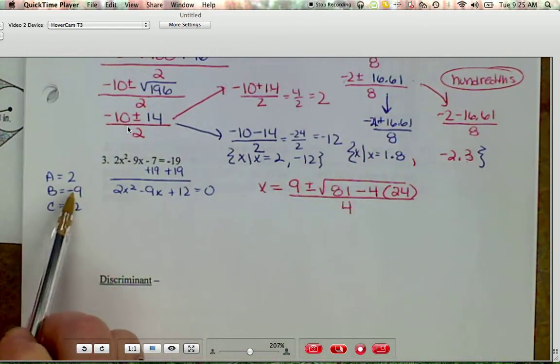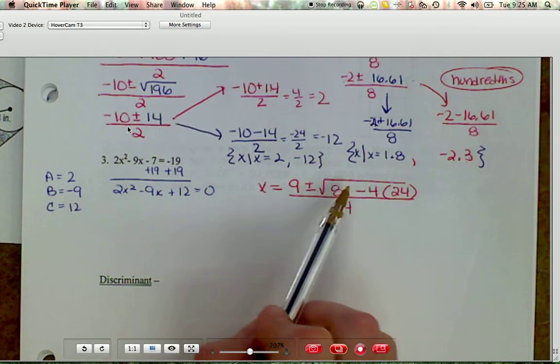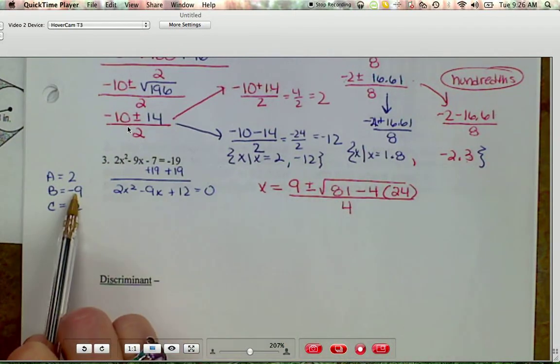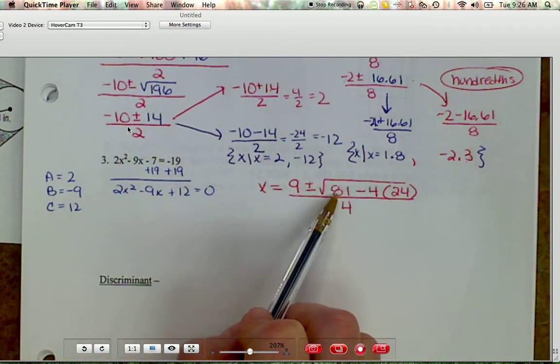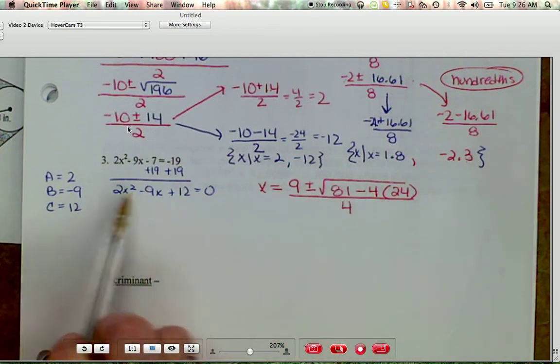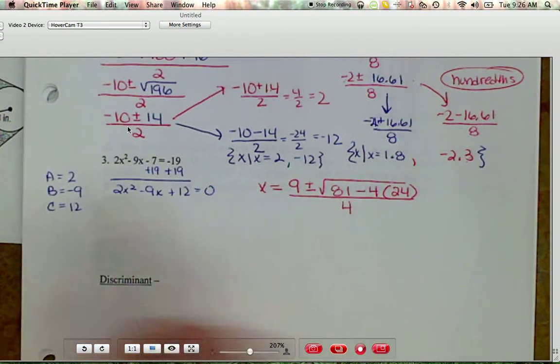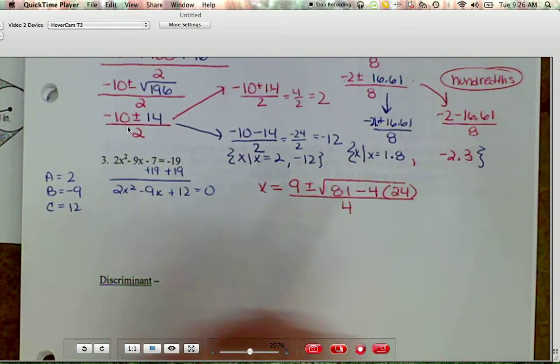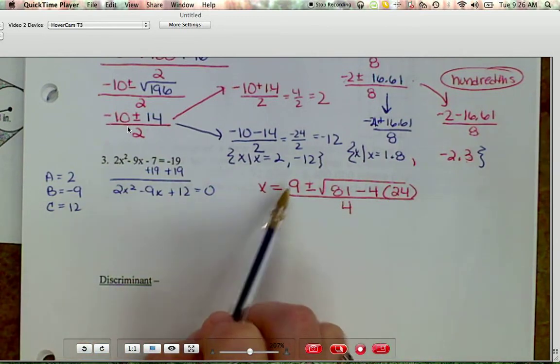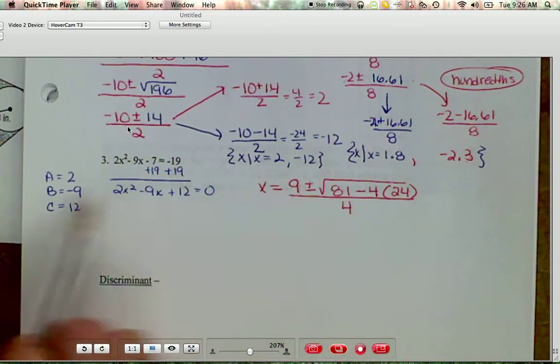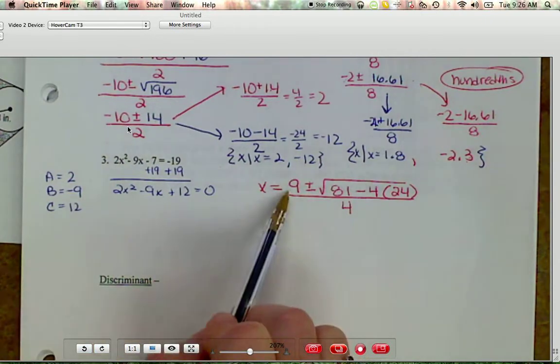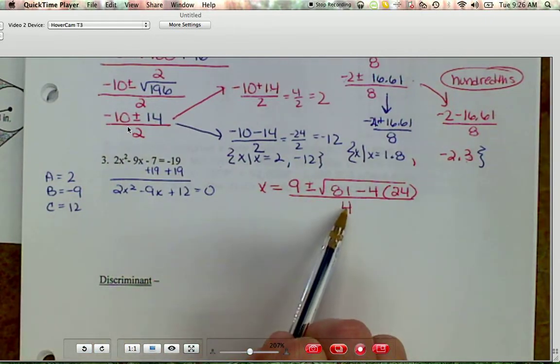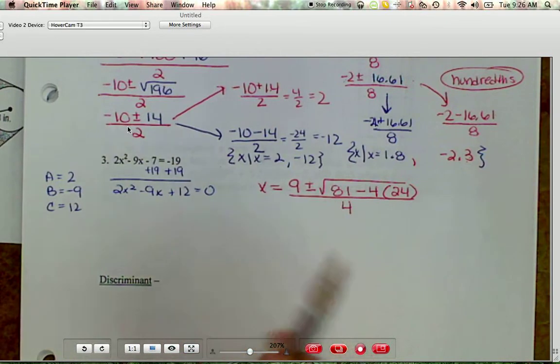So let's go back. Remember, anything you square is always going to be positive. So when I square negative 9, I get positive 81. Minus 4, and then A times C, 2 times 12, will give us 24. And then again, at the beginning, negative B, or the opposite of B. So if B is already negative, you have to change it to positive. All over 2 times A is 2, so 2 times 2 gives us 4.